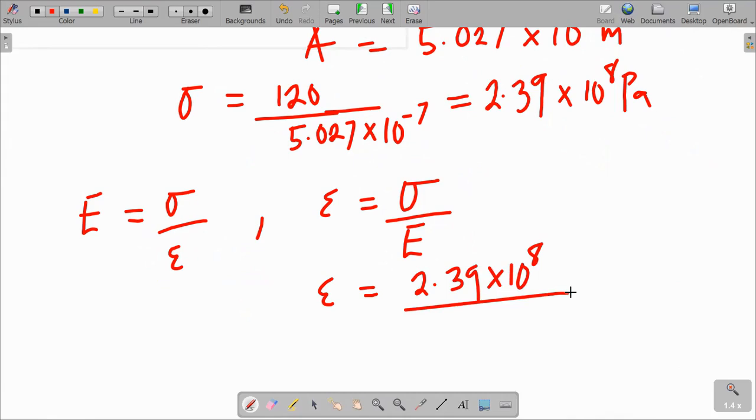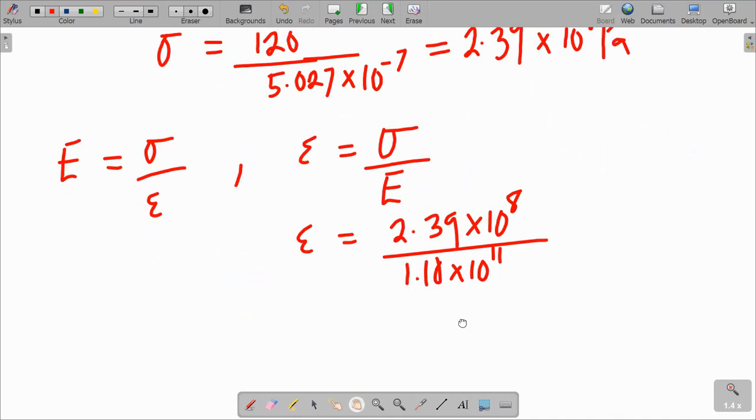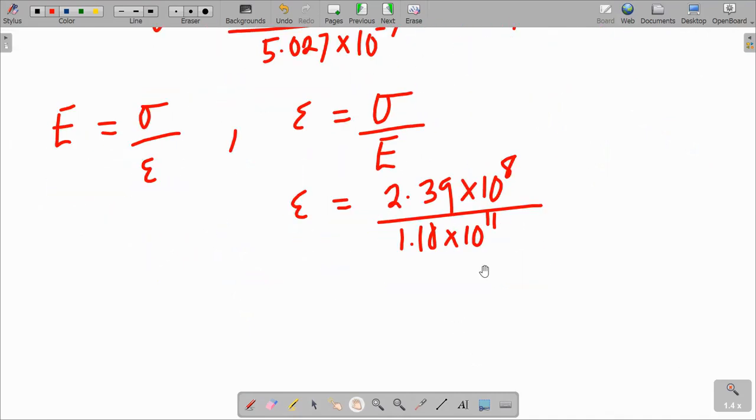The Young modulus was given in the question as 1.10 times 10 to the power of 11. So we quickly punch this into our calculator. We get our strain to be equal to 2.173 times 10 to the power of minus 3. The strain is unitless, so we don't need to add a unit to it.